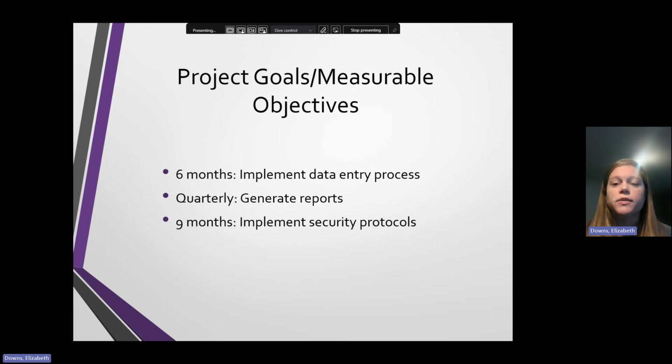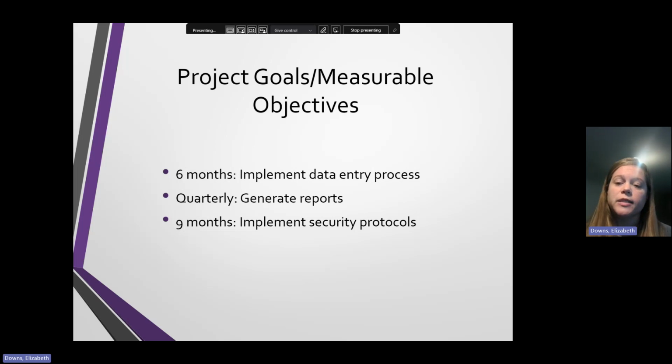The project goal is to develop a comprehensive database system for collecting and reporting clinical data related to post-procedure death rates. The project objectives include implementing a user-friendly data entry process for healthcare providers to input accurate patient information within 6 months.